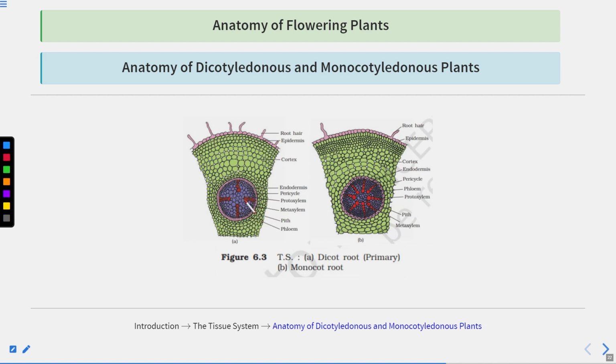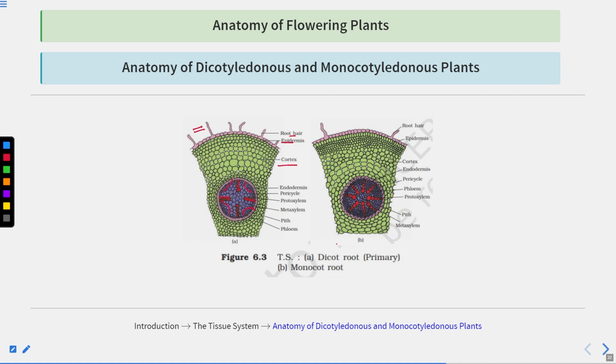In the vascular bundle, this is the xylem, these are the arrangement of the xylem, and here you can see the phloem like this. They are present at different radii. You can see the cortex region that is made up of parenchymatous cells and intercellular spaces, and here you can see the root hairs. The epidermis is giving rise to the root hairs, right?